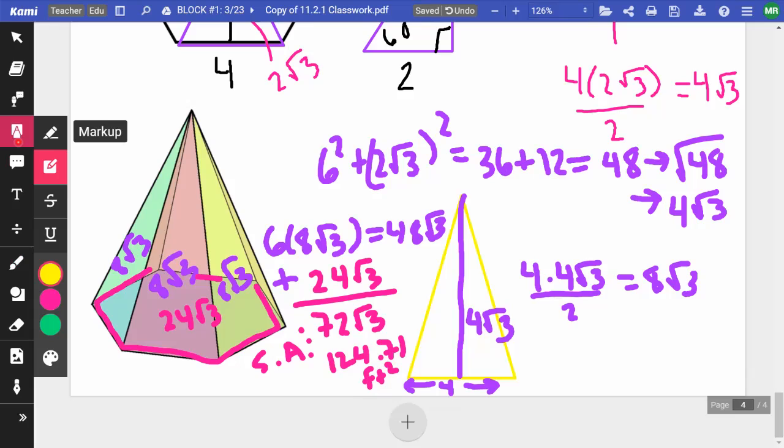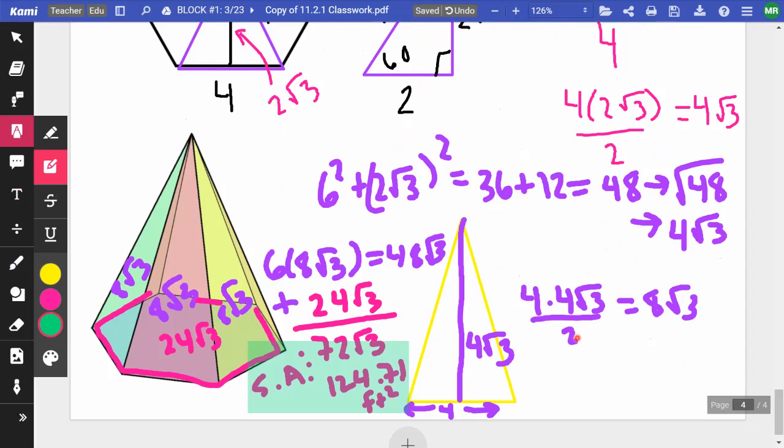Let me just highlight that real quick. So my surface area is 72 root 3, or 124.71 square feet.